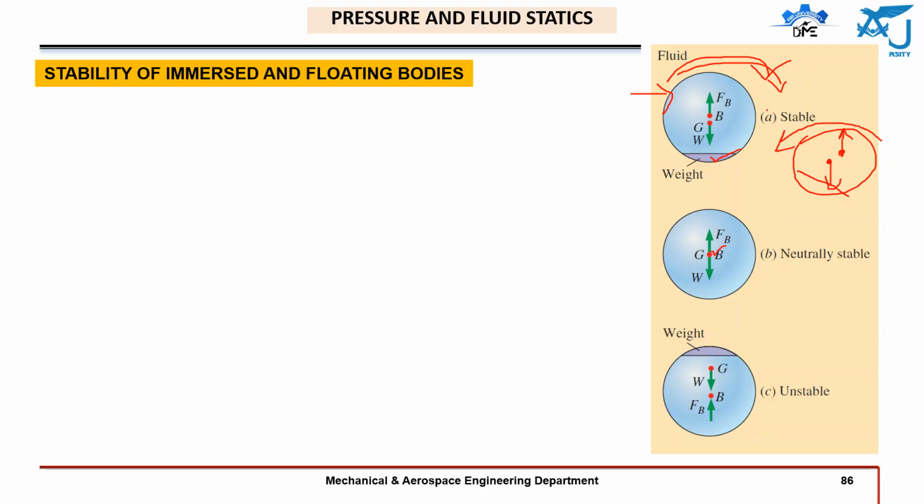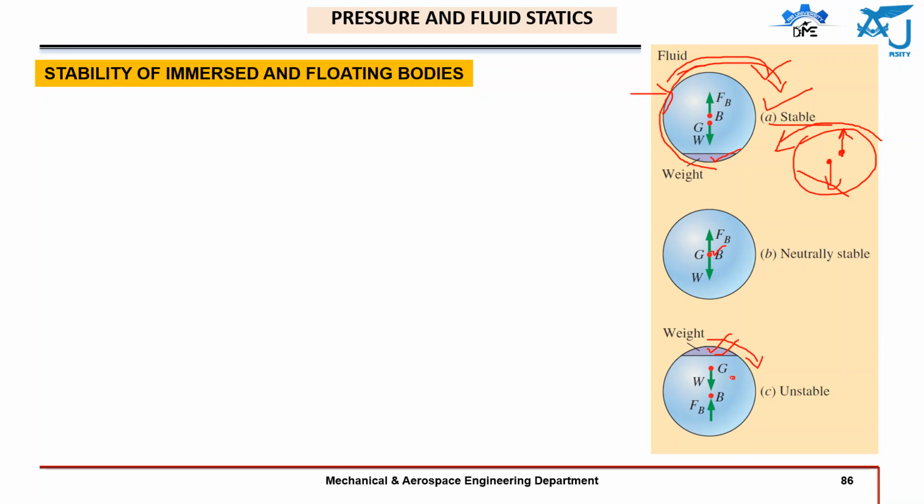Okay, in this case, number one, stable case. But if this B is downwards, for example, in a case where you have twisted the same body further up to this point, or any body which has weight upward here, its center of gravity is shifted upwards. Now what will happen if you disturb it?